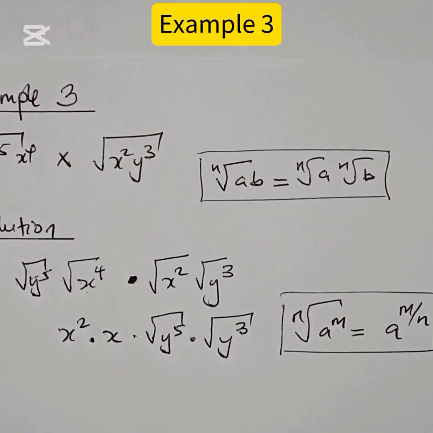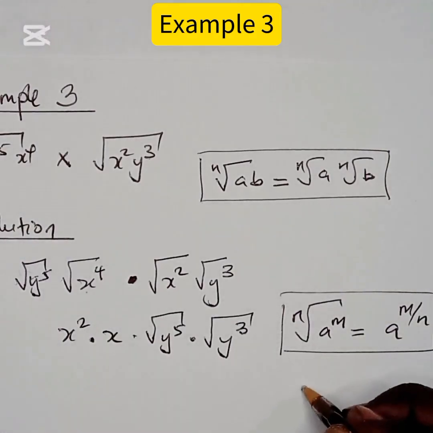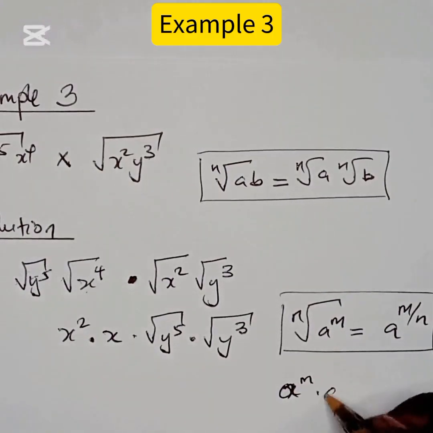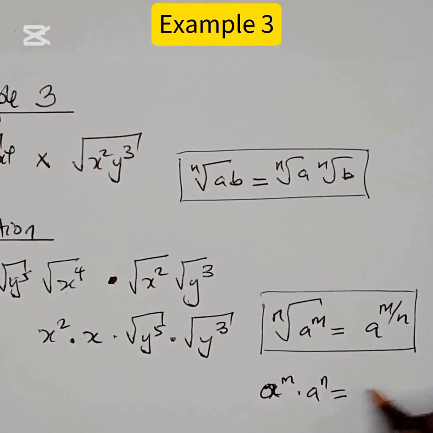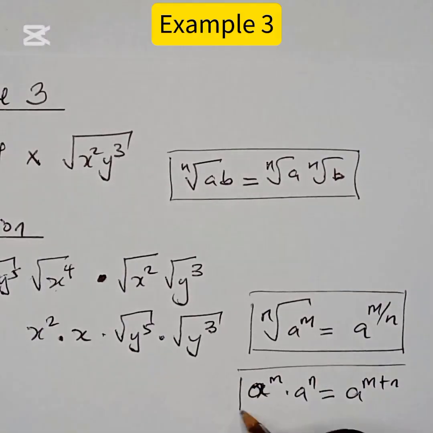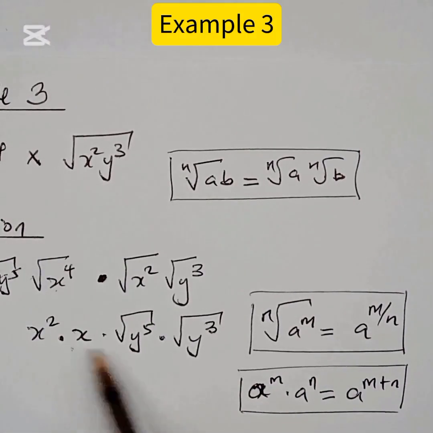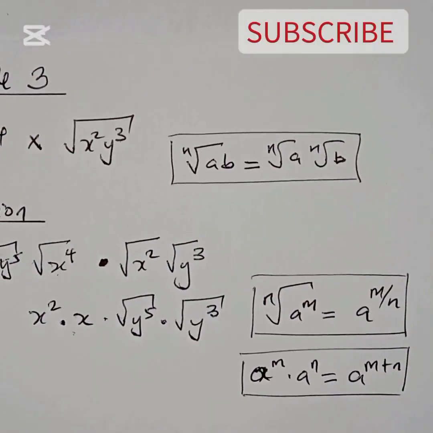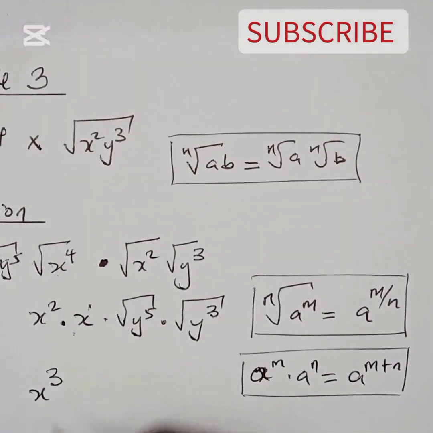But at the same time, I can also apply this law of exponents that says a to the power m multiplied by a to the power n is equal to a to the power m plus n. So I'm going to use that law on this part and this law on that part. Already you know there's a 1 on that, so I'm just going to add the exponents because the bases are the same. So I'm going to say 2 plus 1, so I'll be having x to the power of 3.